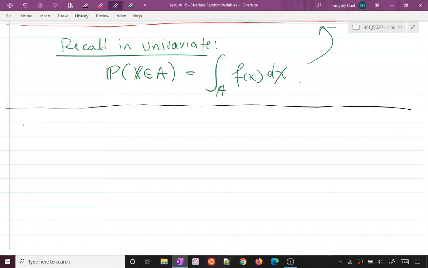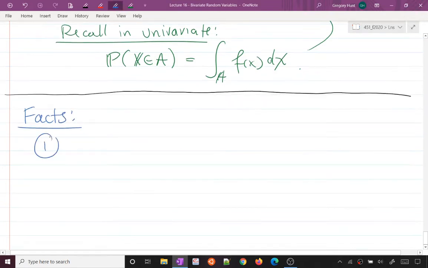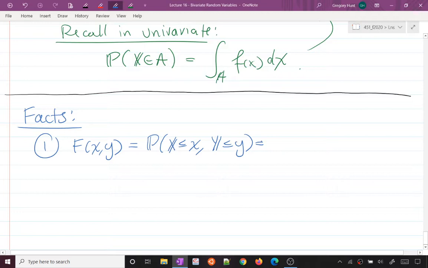We could call them facts, we could call them theorem. Let's call it facts. What are my facts? First of all, if I want the joint CDF of X and Y, which of course is the probability that X is less than or equal to little x and Y is less than or equal to little y, I can calculate this as a double integral, negative infinity to little x, negative infinity to little y of f(u, v) du dv.